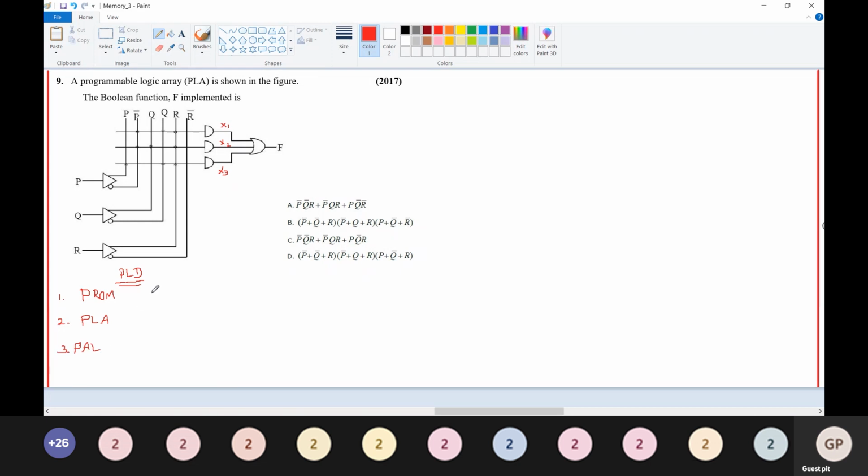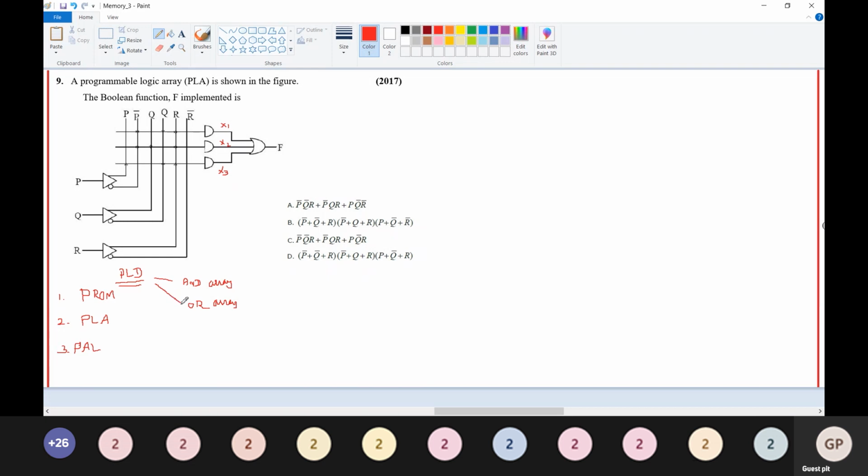So a PLD consists of an AND array and an OR array.